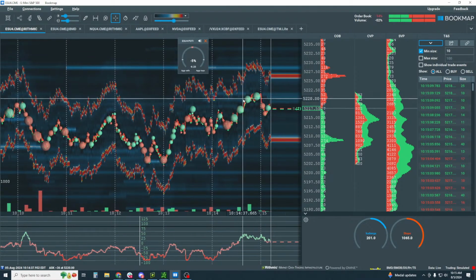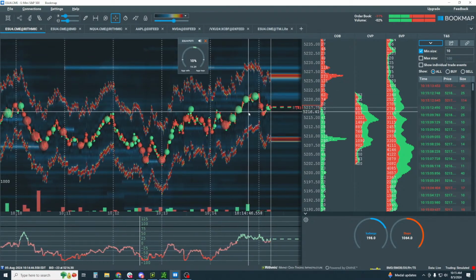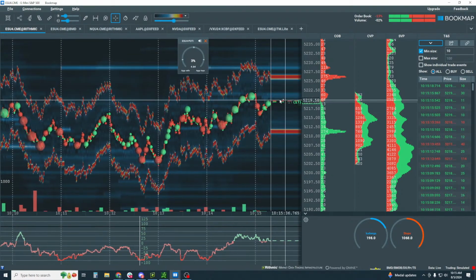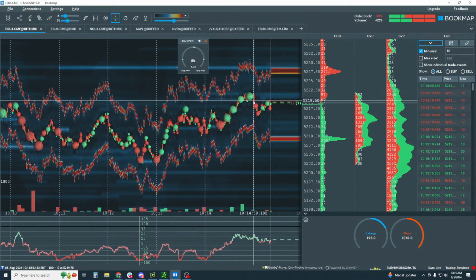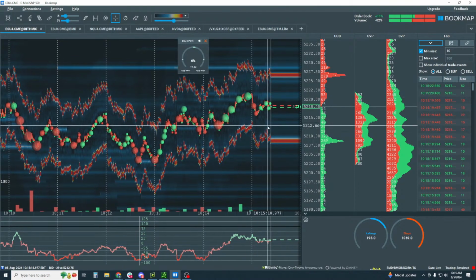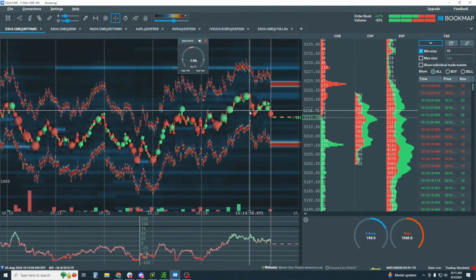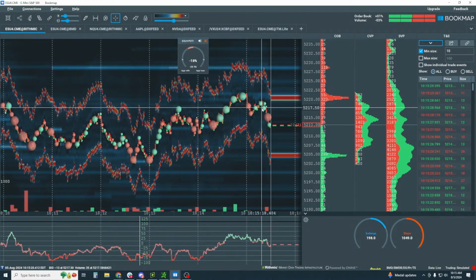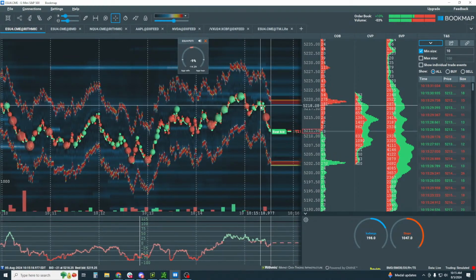Now, if this doesn't fit the way you trade, then maybe you just sit on the sidelines here, because you're too risk exposed, and if you don't catch it right, you can really get hurt. The other way to look at this is to look at some of the momentum moves in here.